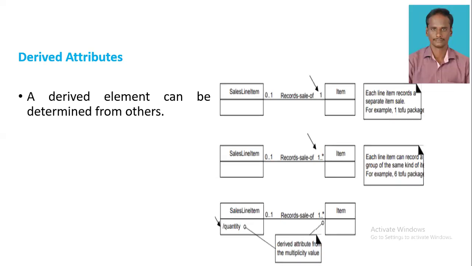In this case, the sale line item should record the quantity, that is, we need to know what the quantity is for the sale line item. That quantity records the number of items sold for the particular product. That's why here we are having quantity. The slash quantity is identified as a derived attribute.